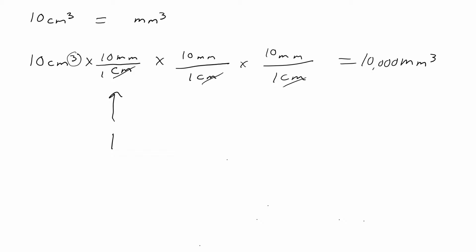Milli is 1/1000th of something. Centi is 1/100th of something. Deci is 1/10th of something. And kilo is 1,000 somethings. And then English, 12 inches a foot, 5,280 feet in a mile, and a ton is 2,000 pounds.